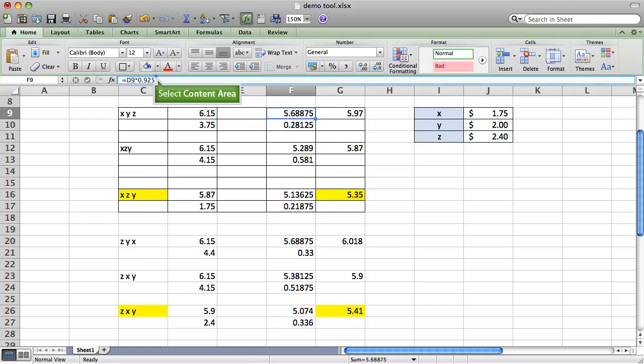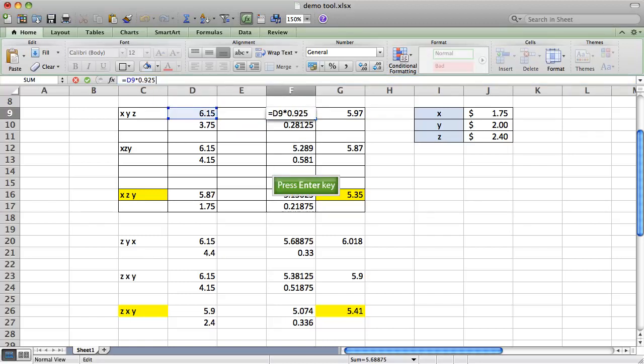So here you can see that I'm taking that $6.15, but I'm weighting it by the probability of passing test Y. And I get about $5.69.